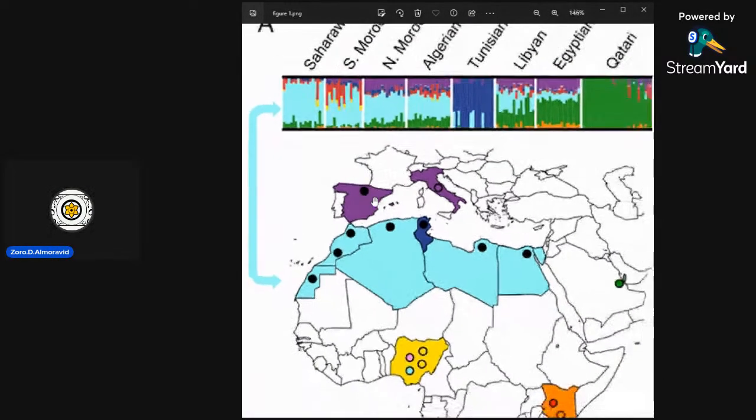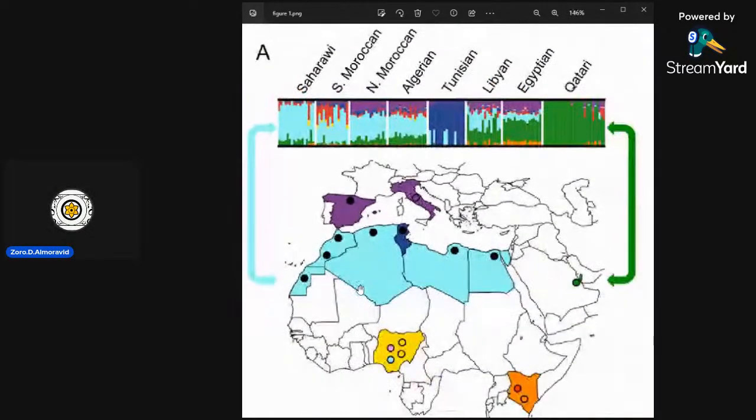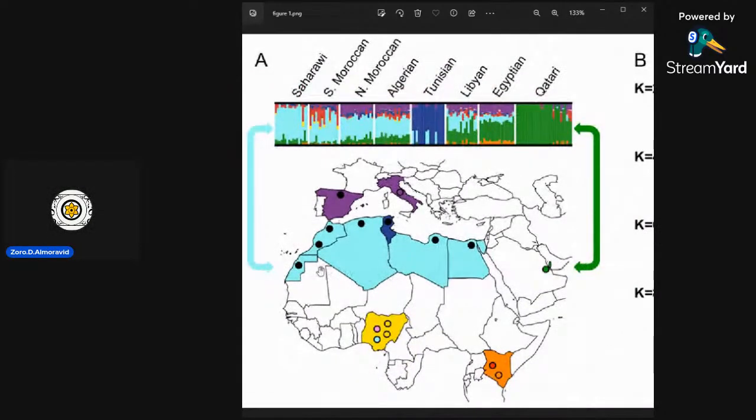That is due again to the slave trade, basically the main thing is the slave trade. And also that may come due to the migrational routes of humans before they went outside of Africa.